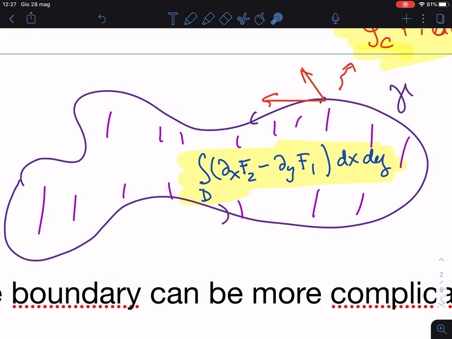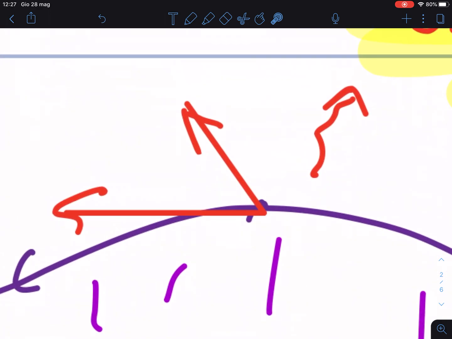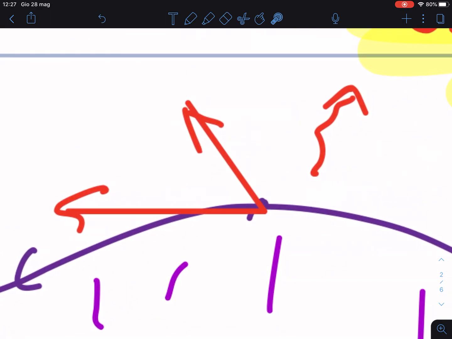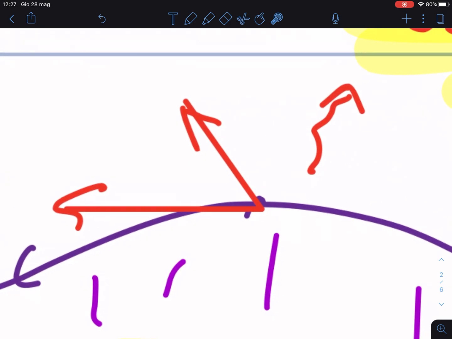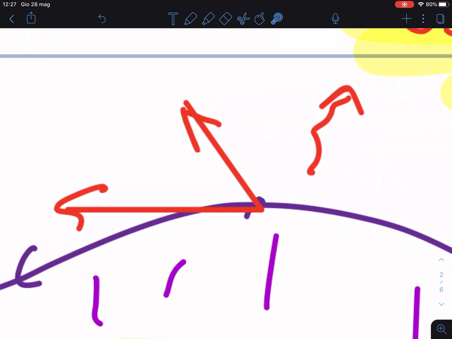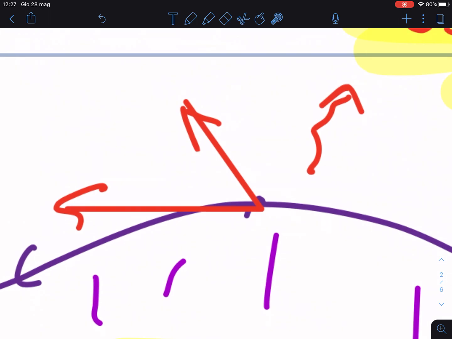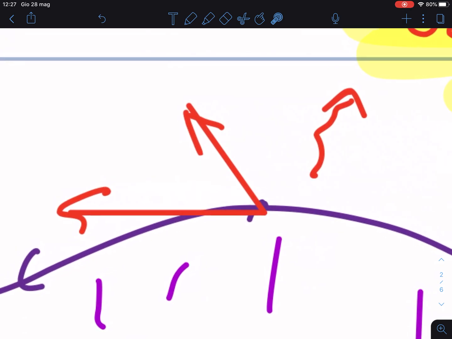So in general, the true rule is the following: think of you as being on a bicycle, and then put your left hand in your left direction, and your left hand should fall inside the curve, in the internal part of the curve.